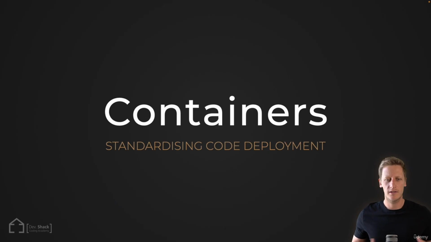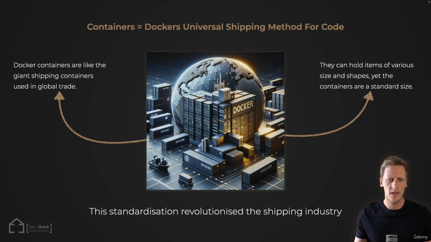So we've spoken about this idea of containers, and this is a central concept to the world of Docker. As we've been talking about, containers allow us to standardize our code deployment. You can think of containers as Docker's universal method for shipping code. The analogy here is the shipping containers that we see in the global shipping system.